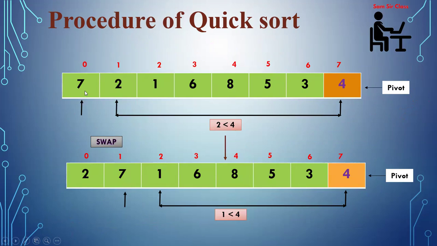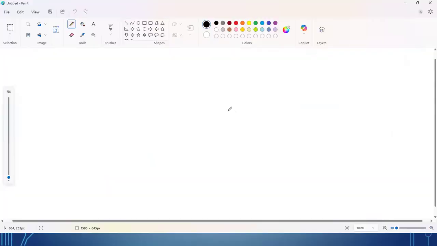So, for example, I have considered some random elements: 7, 2, 1, 6, 8, 5, 3, 4. Okay. So, we'll write down the same numbers and we'll do it stepwise. Okay. So, what elements have we taken?